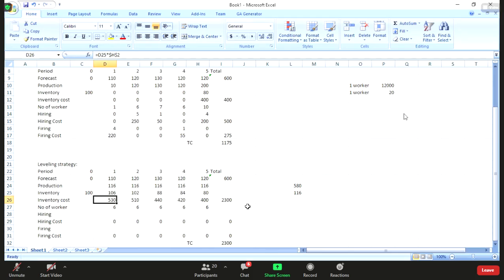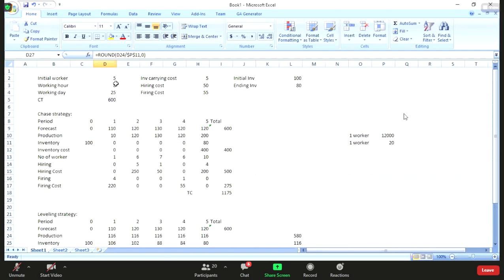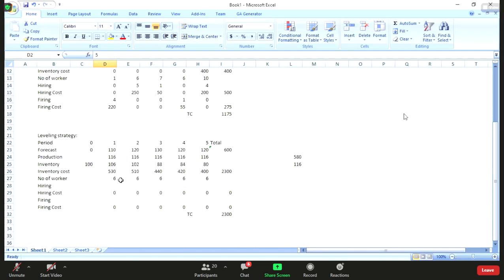Number of workers, rounded off. Check it: 116 divided by 20 equals 6. Previously, we had 5 workers. It means that we need to hire another 1 worker. But after that, the required worker is constant.